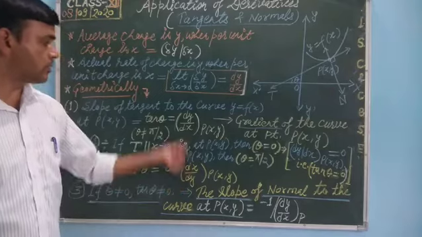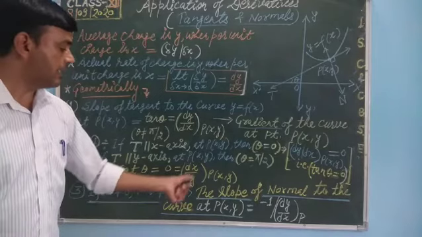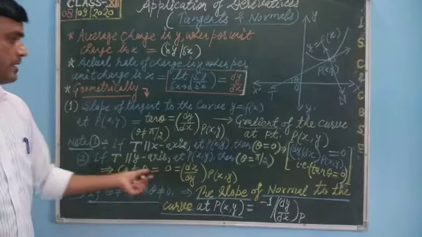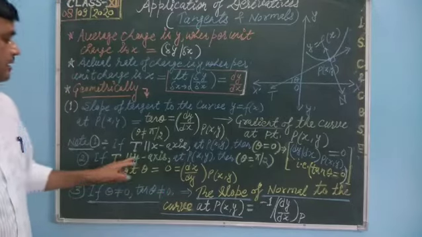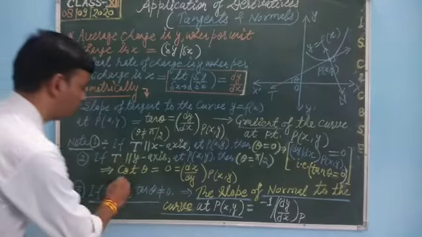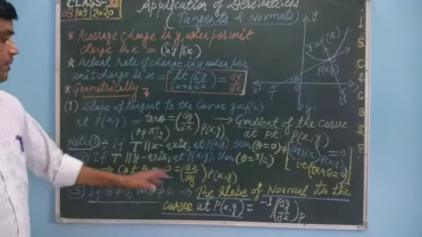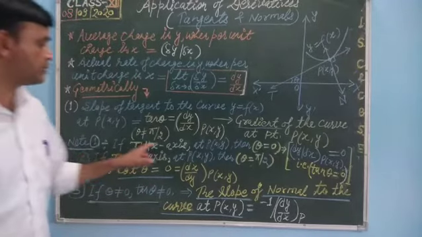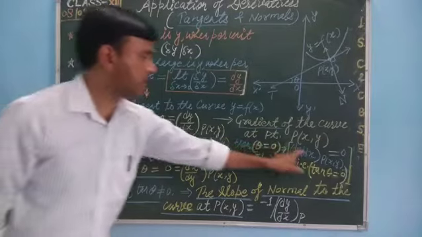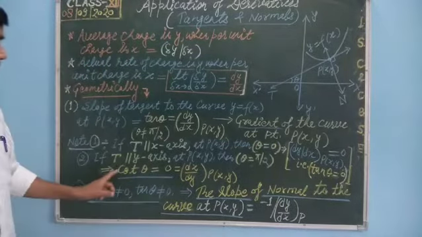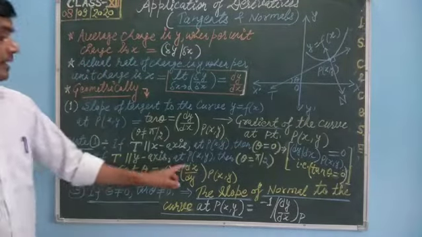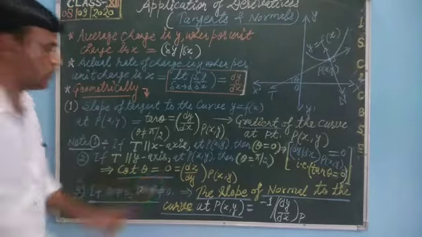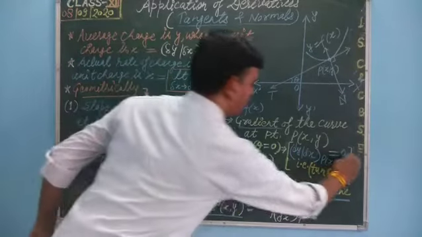It means the reciprocal of dy by dx, that is dx upon dy at P(x, y), will be equal to 0. These are the two conditions we have to keep in our mind: if the tangent is parallel to the x-axis, then dy by dx is equal to 0; when the tangent is parallel to the y-axis, then dx upon dy at point P will be equal to 0. These two conditions we have to remember.